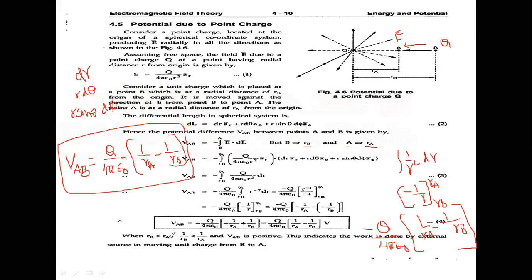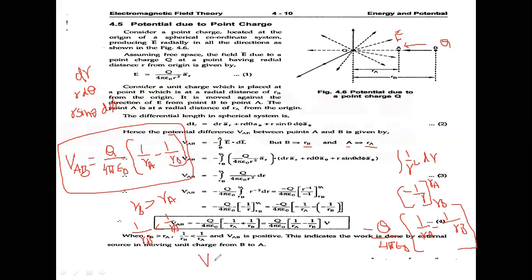When RB is greater than RA, 1 by RB is less than 1 by RA, and VAB is always positive. This indicates the work done by an external source in moving the unit charge from point B to A. Since RB is greater than RA, the inverse 1 by RB is less than 1 by RA.